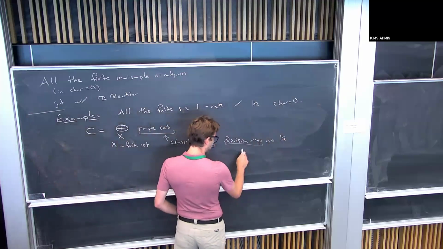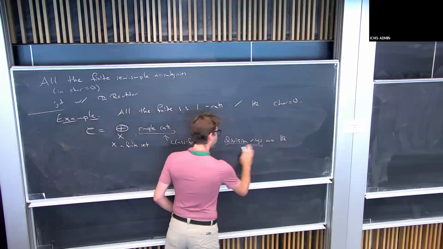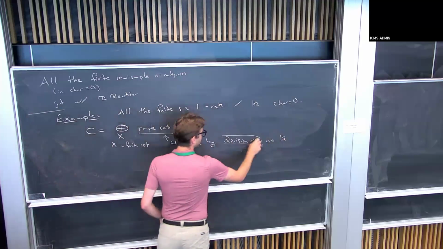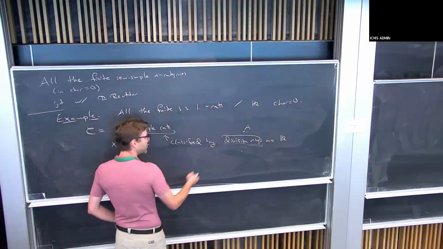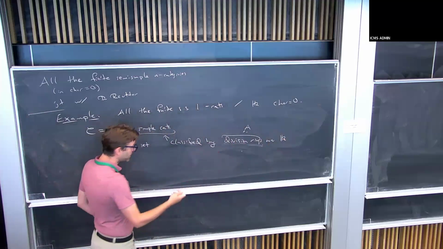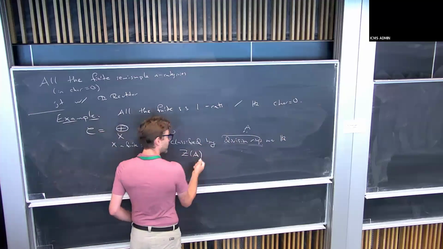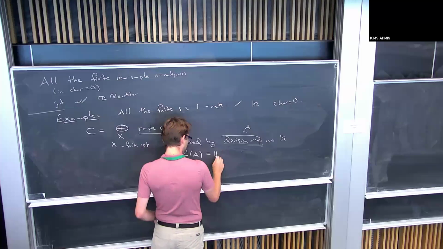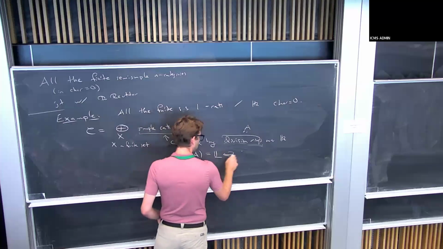I think D is a good name for the division ring. So what do you do when you want to classify division rings? You look at the center of D. That's going to be some field extension.